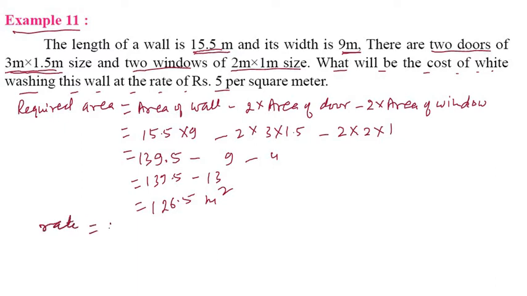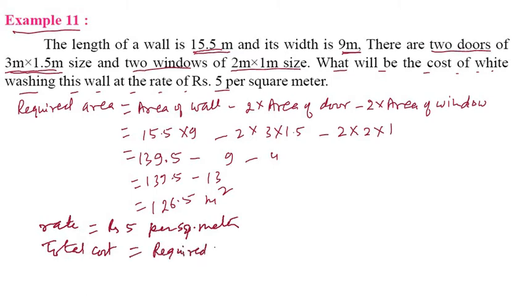Rate is equal to rupees 5 per square meter. So total cost is equal to required area into rate. So required area is 126.5 into 5. So it will be 632.5, 632.50, and that is the answer. And it is in rupees.